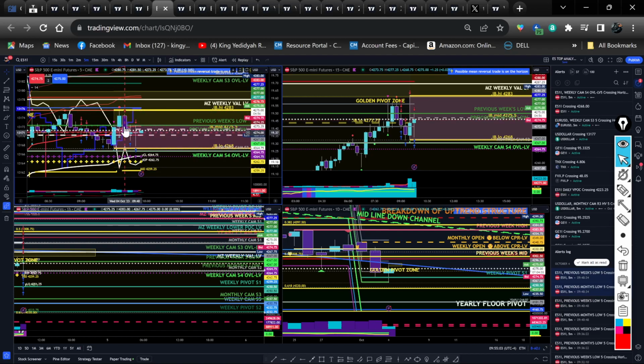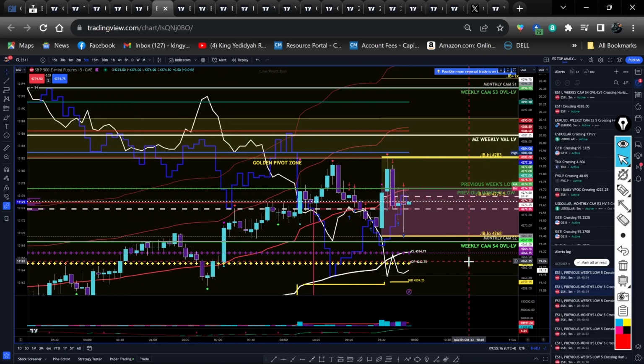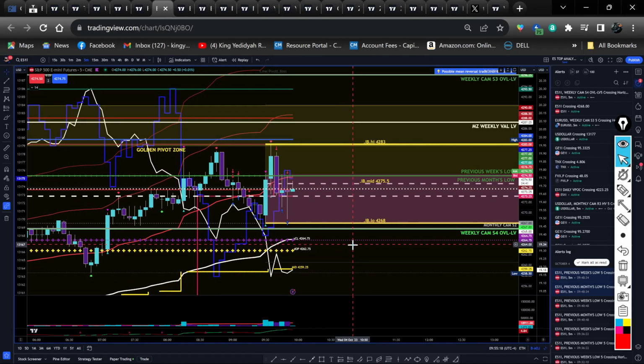We had another pullback here, but now we're getting support at the same level at the IB low, 42.68. You see that wick right there? Let me just make it bigger. So right now it's basically indecisive, you know.